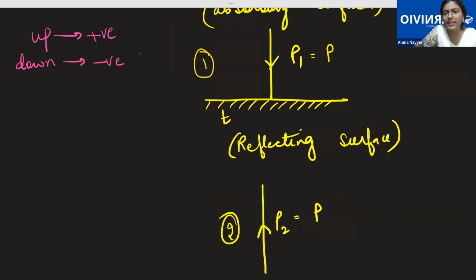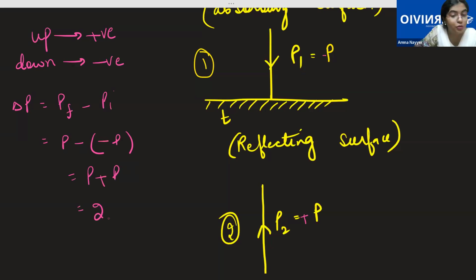Anything you can take. So this is down, this will be negative, this will be positive. Now here, when you calculate the change in momentum, it will be final minus initial. What is the final momentum? P minus initial momentum minus P. That is in fact P plus P, that is 2P.